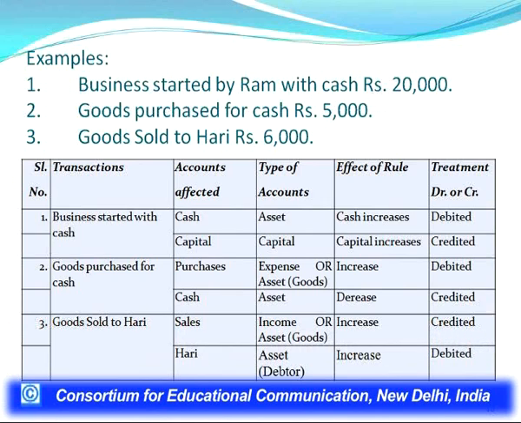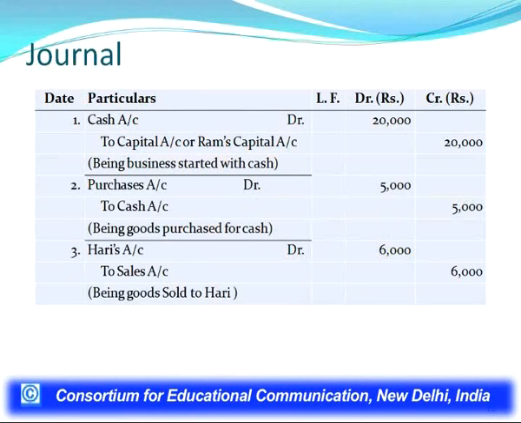For asset account, the rules are debit the increase, credit the decrease. Here cash is coming into the business, so cash increases, so the cash account is to be debited. Capital increases because the owner has invested the money, so the capital account is to be credited.